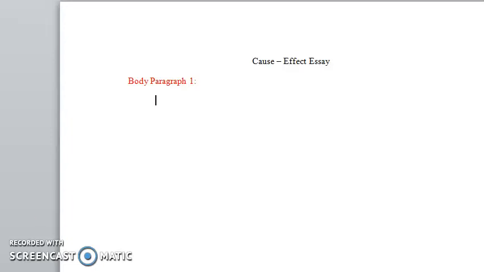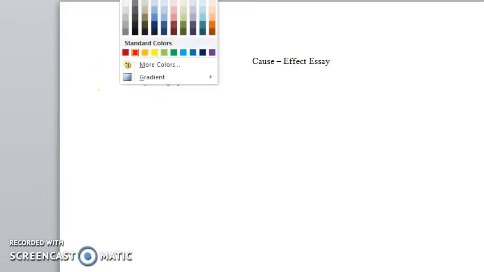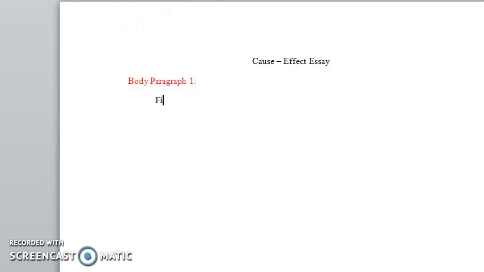I don't want it to be in the red color, so I will change. Okay. First, because it's our first body paragraph, exploration, it should be small letter, sorry, because we have a comma, has many causes, like searching for food.